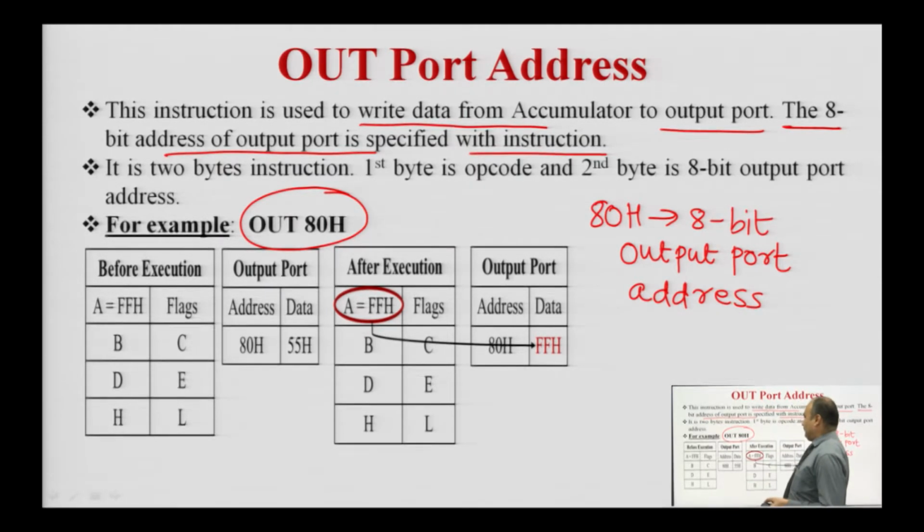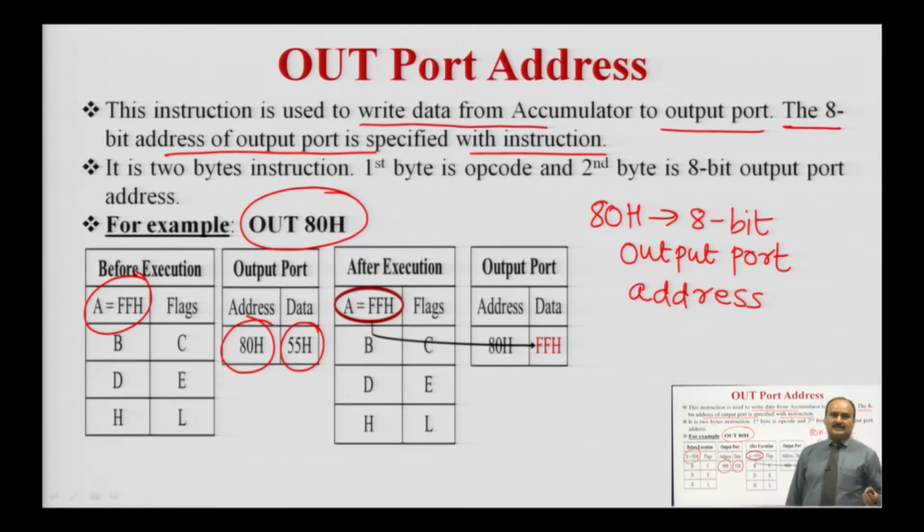Before the execution of this instruction, the content of the accumulator is FFH. The port address specified with the instruction is 80H, and at this output port address, suppose the data is 55H. This is the case before the execution of OUT 80H.